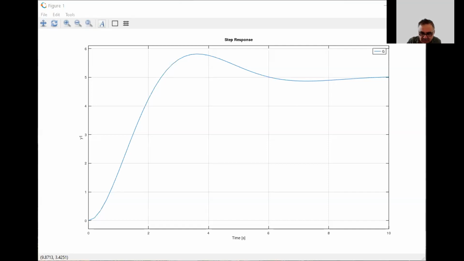For example, I can change this system. Let's say instead of 1, 1, 1, I can use, for example, 1, 2, 1, which will be a critically damped system.